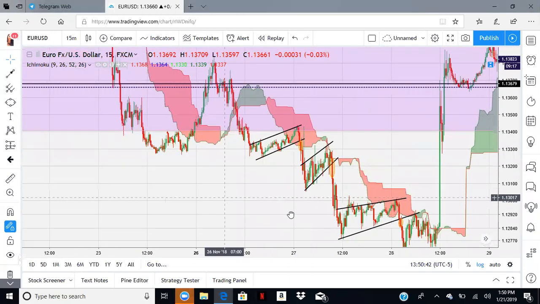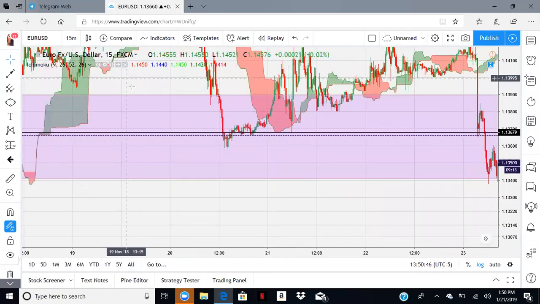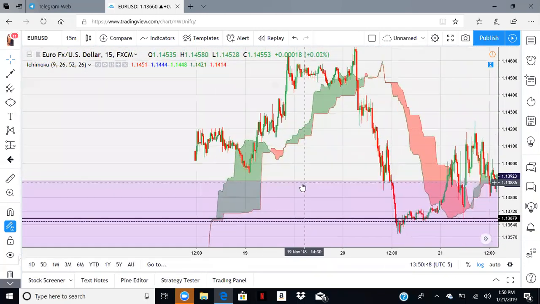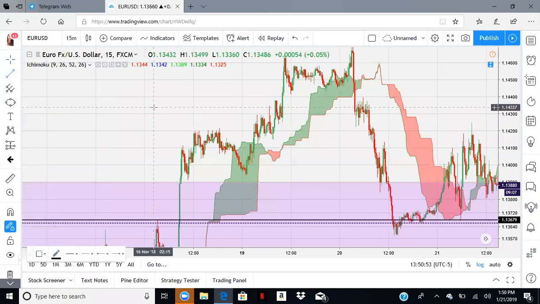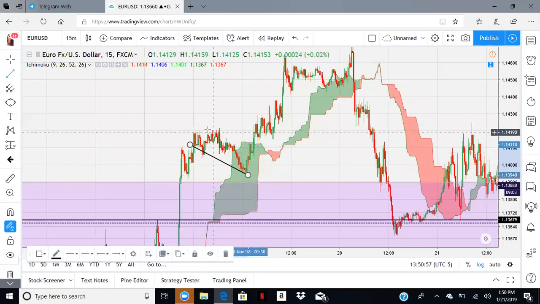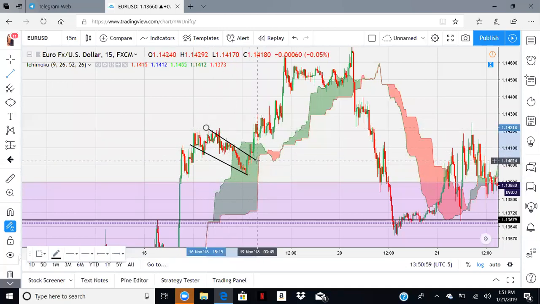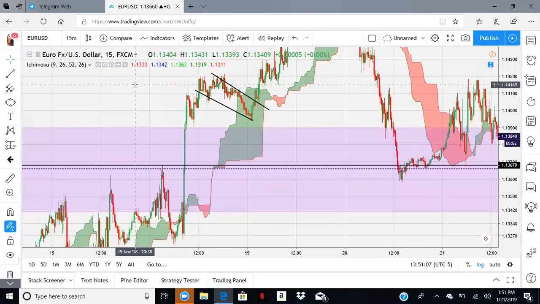So let me show you guys some other examples too, looking into the past. All right, here we have this consolidation after this huge impulse. This is why they're called flags, guys.